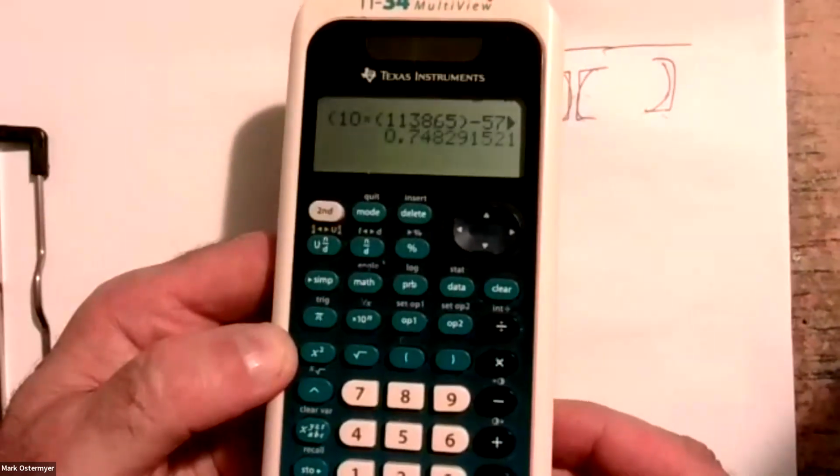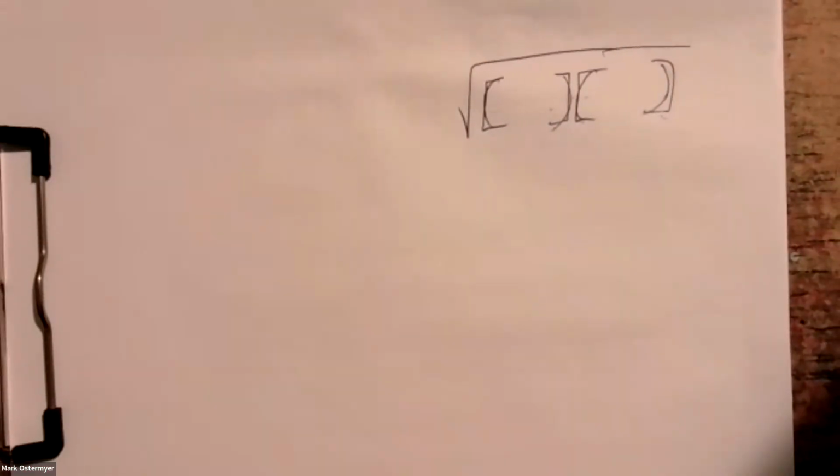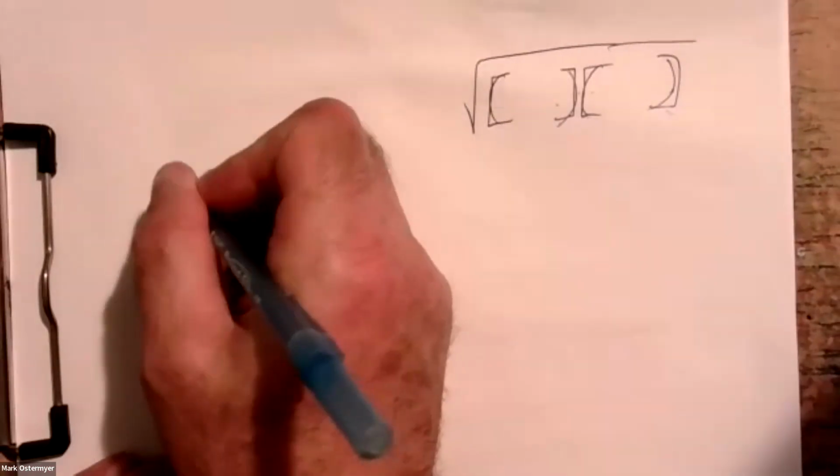Now, if you hit enter, you should get 0.748. Okay, 0.748. Now, if you missed that, I'm going to show you the keystrokes again that you would want to go through. So first you want to hit your open parenthesis.